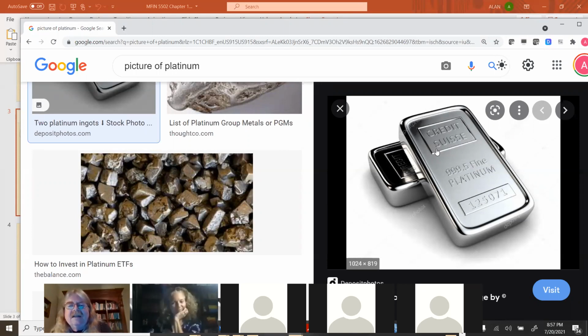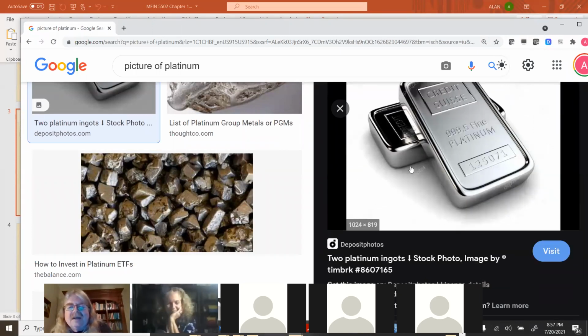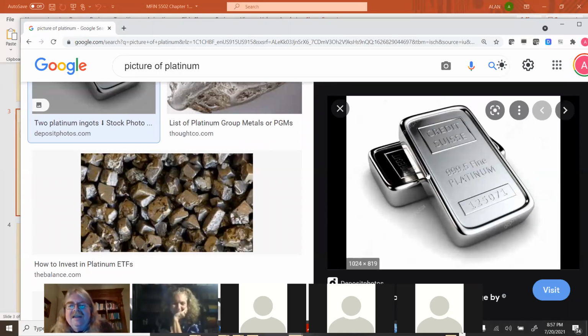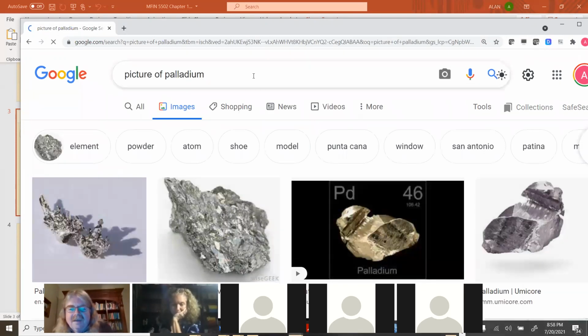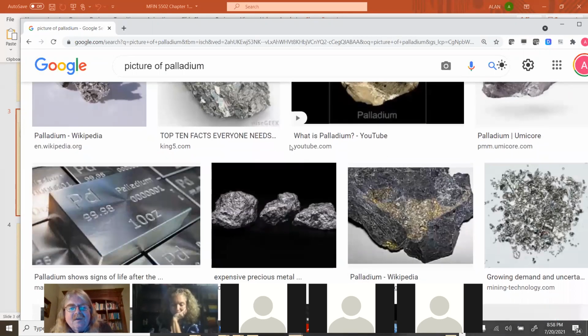Doesn't that have that nice gleam? How'd you like to have a few of those in your safety deposit box? And then palladium. Here's a bar, 10 ounces of palladium. Atomic symbol PD, I see.